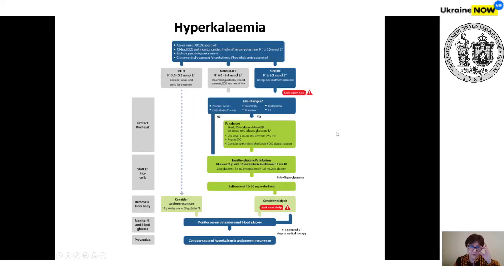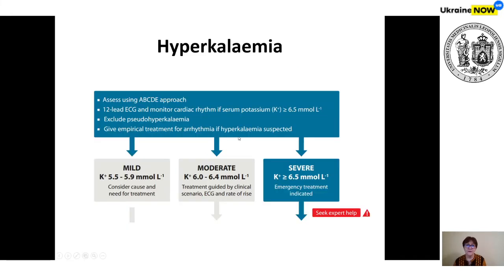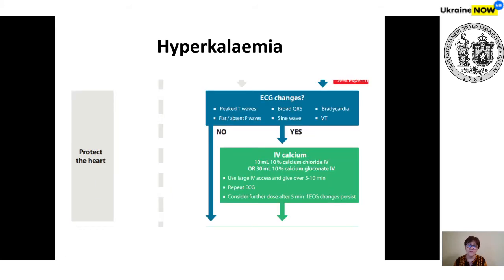The main dangerous sign of acute renal failure that can be fatal is hyperkalaemia. These are the recommendations of the European Resuscitation Council for the management of patients with hyperkalaemia. Here you can see the severity of hyperkalemia, and for all patients with suspected or detected hyperkalemia, you should provide ECG monitoring.